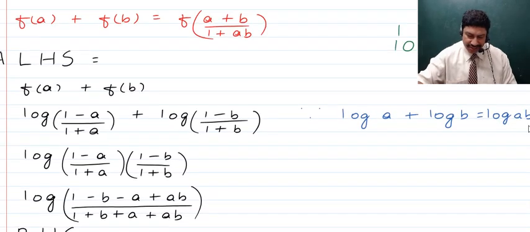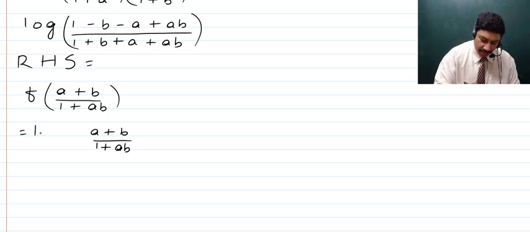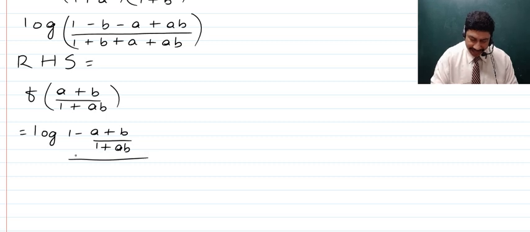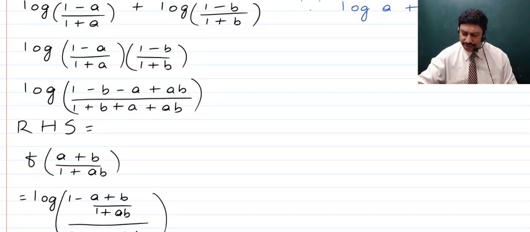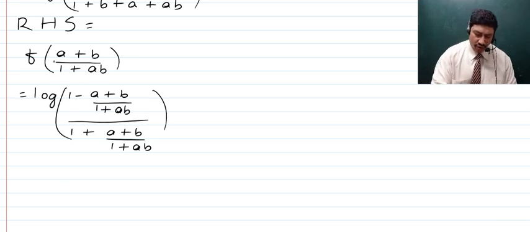So log is outside, and thus here we have log of 1 minus this entirety in the numerator, and in the denominator we have 1 plus this entirety, that is a plus b divided by 1 plus ab. So children, as this was f of x, which could have been written as log of 1 minus x upon 1 plus x, as such here we have written log of 1 minus a plus b upon 1 plus ab divided by 1 plus a plus b upon 1 plus ab.